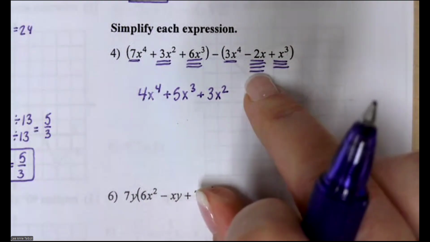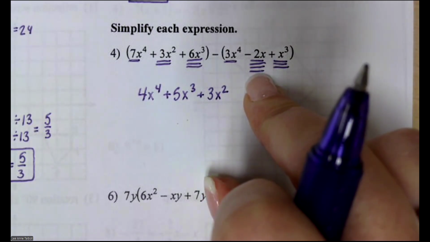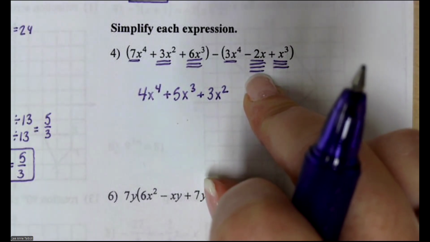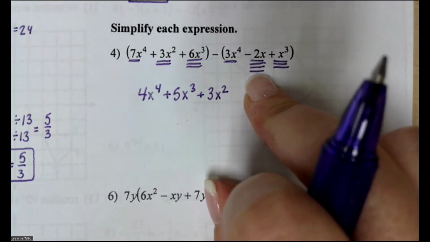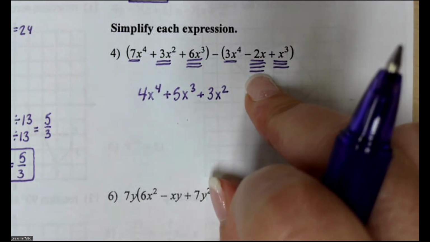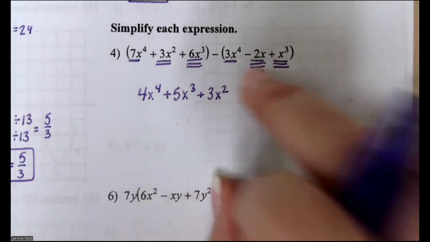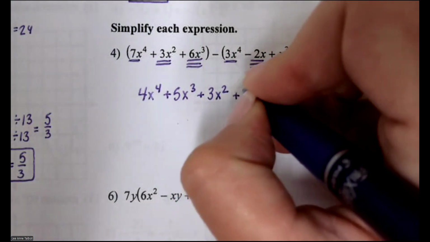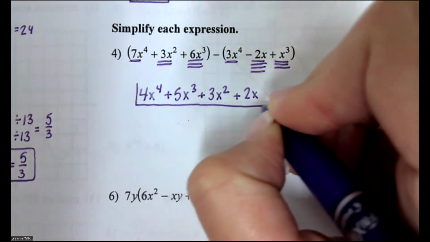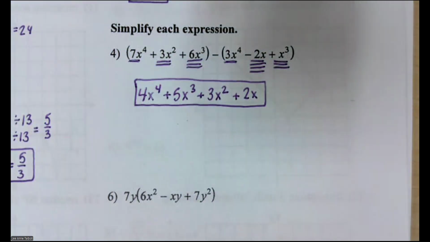And this guy, okay, is he positive 2x or negative 2x? Positive, because you have to subtract. So minus the negative is plus. And that's as far as you can go. That's as simplified as that one will get for you guys until math 2.